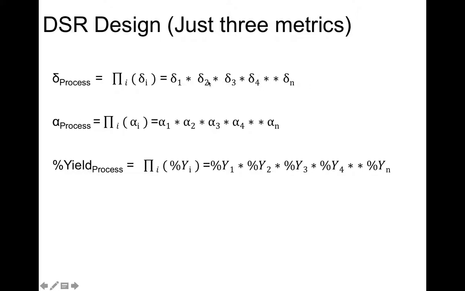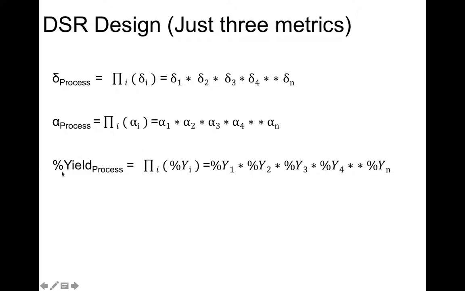Which makes sense. The same thing would be true for the alpha of the process, right? So again, the alpha is specific to a particular contaminant. So each contaminant would get a different alpha. But the alpha of the process, again, is the multiplicative product of the alpha for each individual unit operation or step.